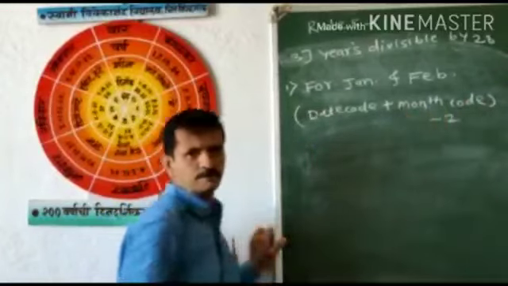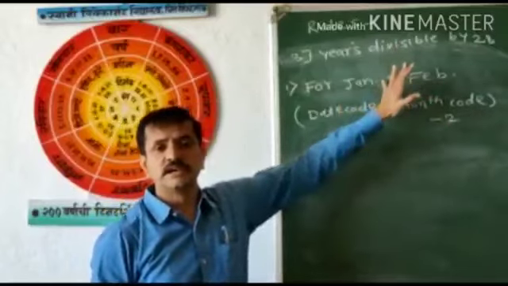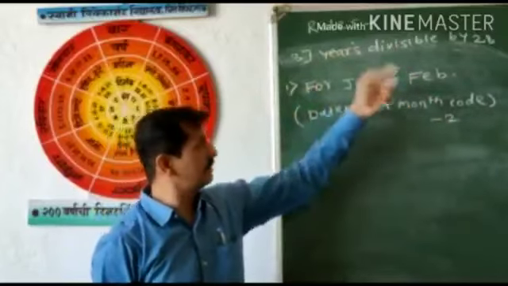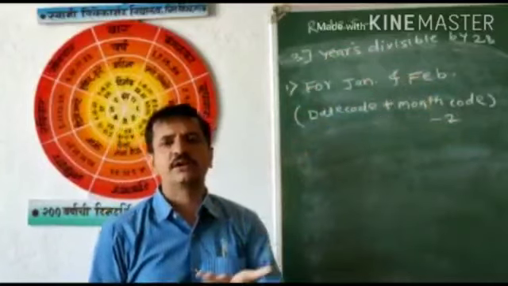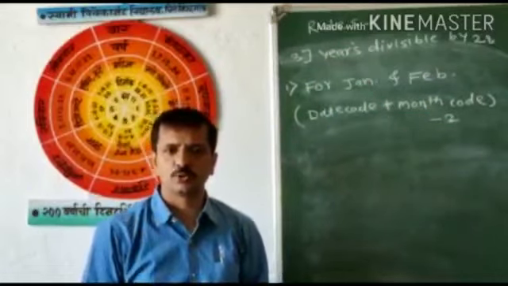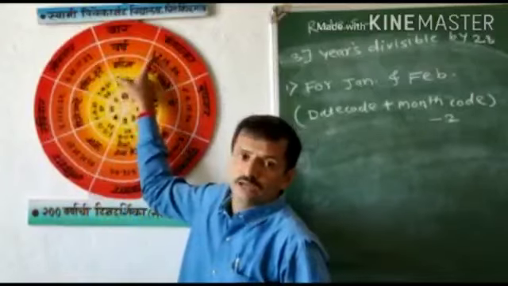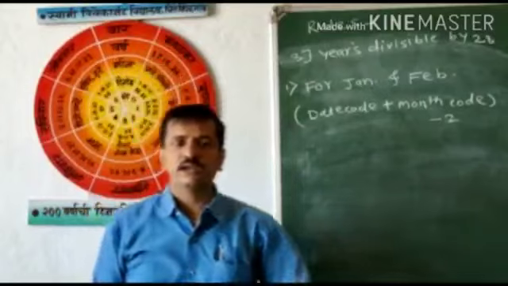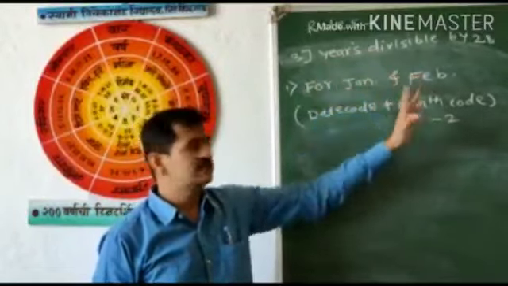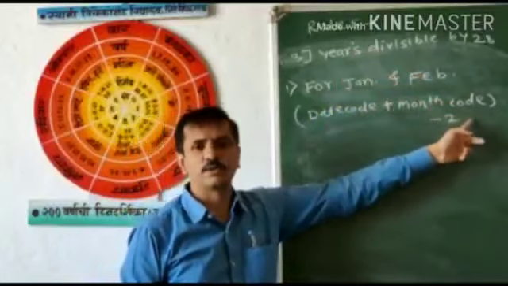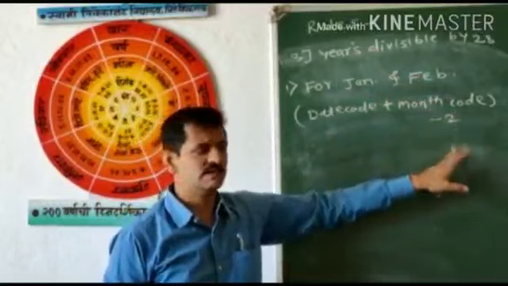The year which is divisible by 28, 28 divided by 28, remainder is 0, and in our year circle we start from 1, there is no 0. That's why for years divisible by 28, we do not find year code, we just find date code and month code minus 2.